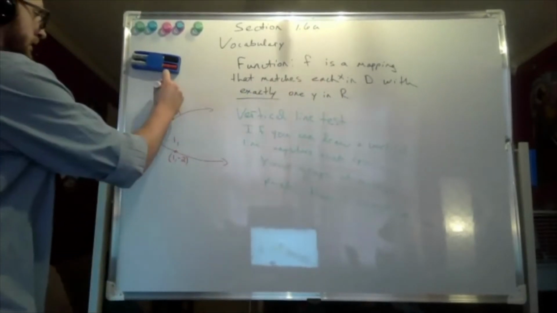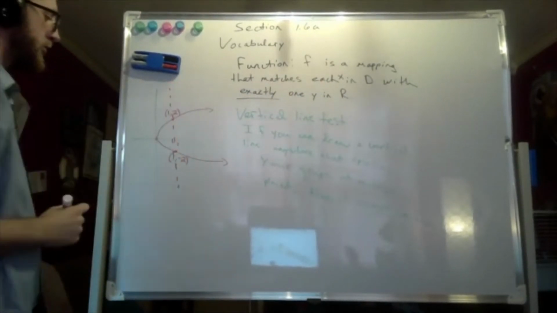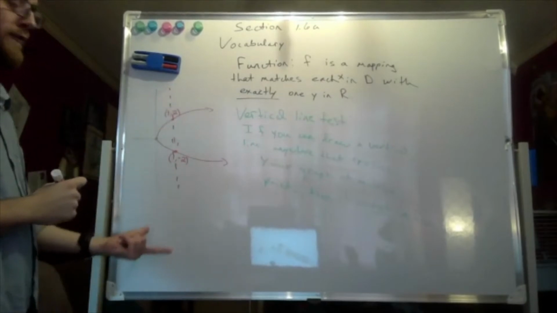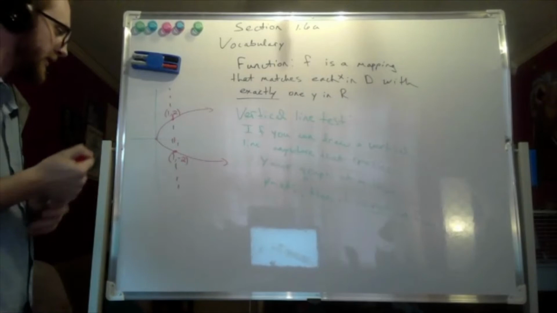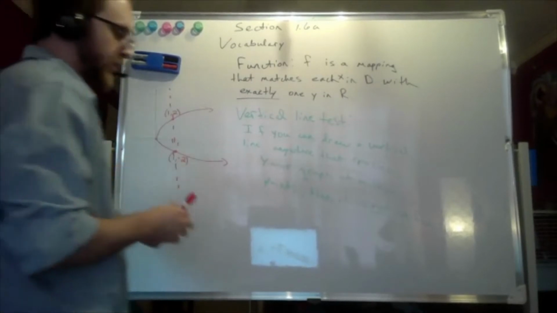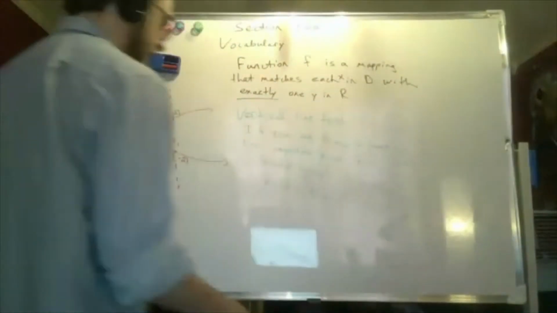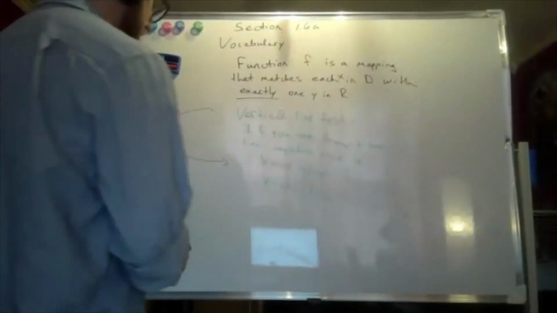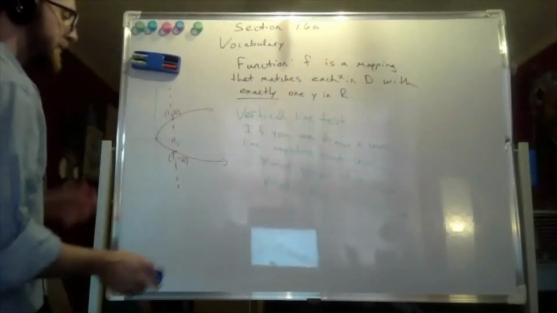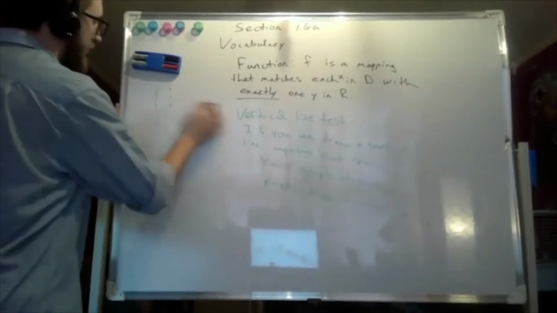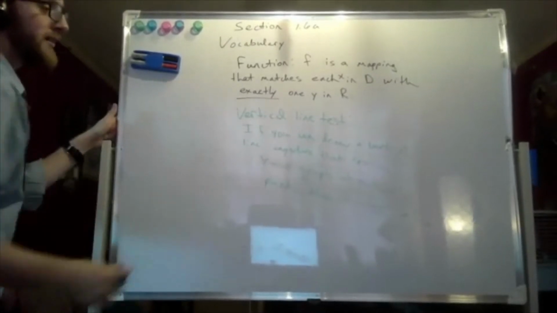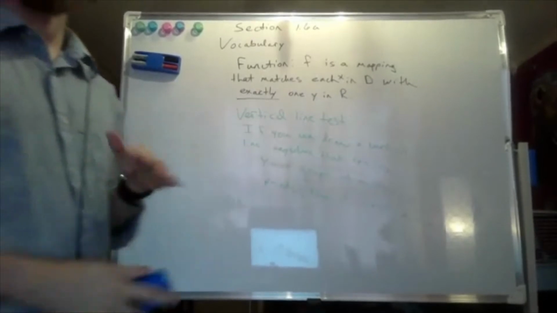And so, because I can draw this vertical line on the graph, it fails the vertical line test and is therefore not a function. This is going to be relevant when maybe you'll have a graph of something, but you won't have the function per se, and you're trying to tell if it is a function or not. Well, if it fails the vertical line test, then it is not a function, and then you can keep going along.